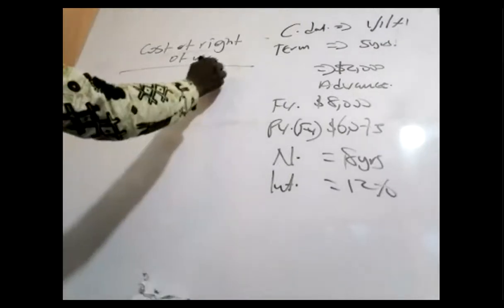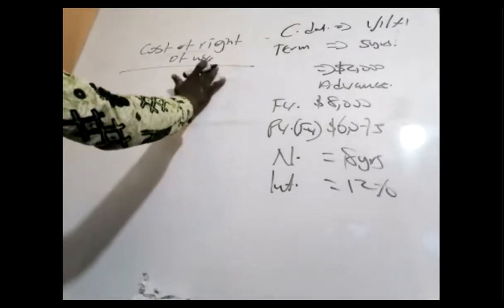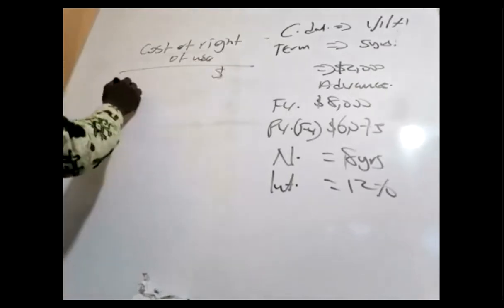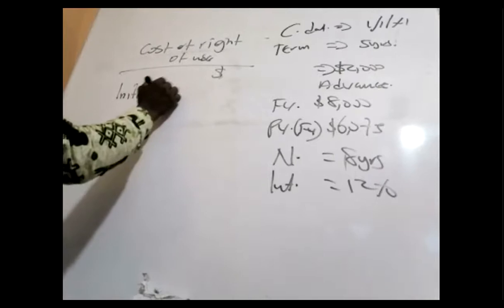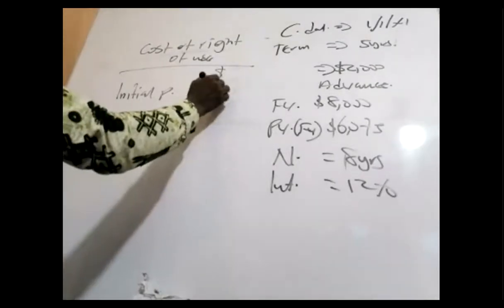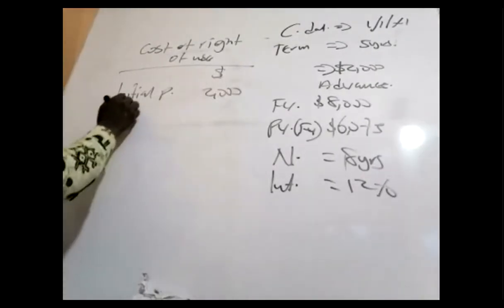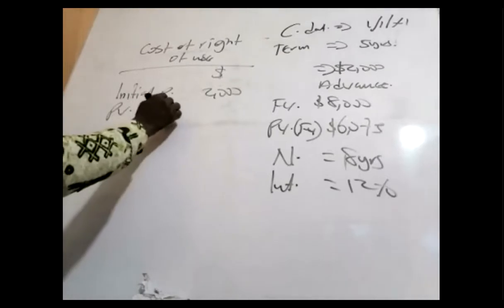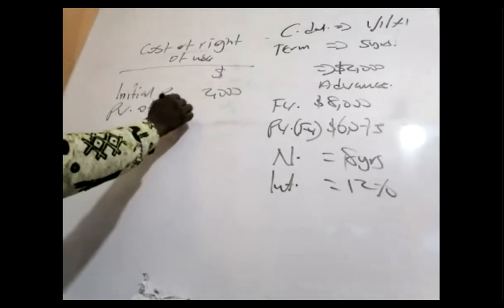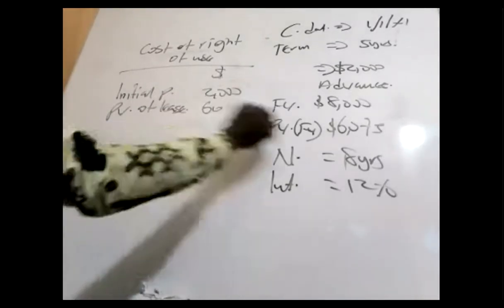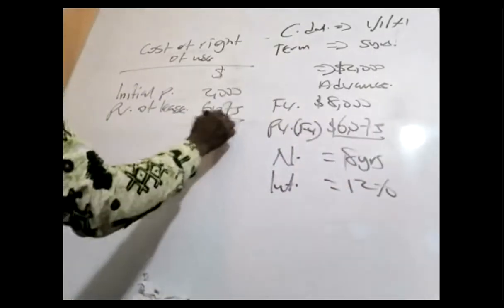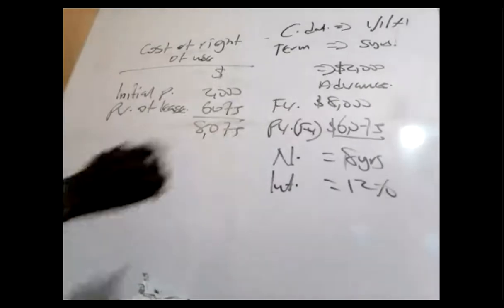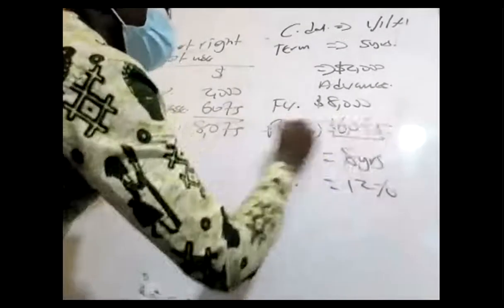I'm reporting in dollars. The initial payment happened to be $2,000. And then the present value of the lease payments happened to be 6,070. Now you get 8,070. I'm just assuming this figure from the question.